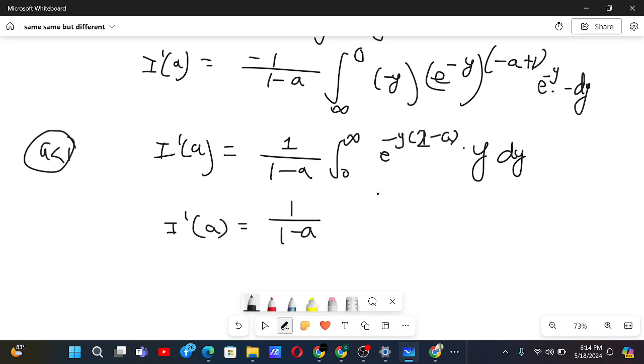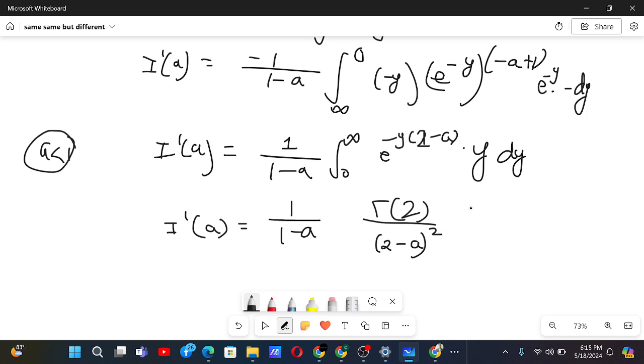And then this will just be gamma of 2, which is 2 minus 1 factorial, so gamma of 2 by 2 minus a to the power 2. Am I correct? Yes.